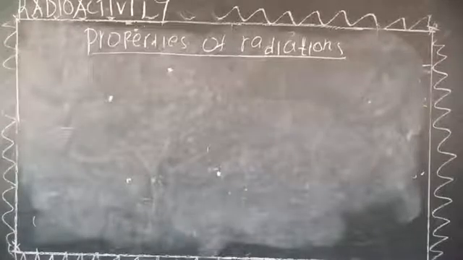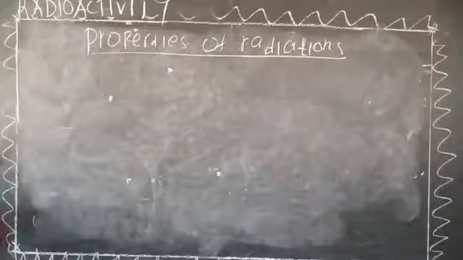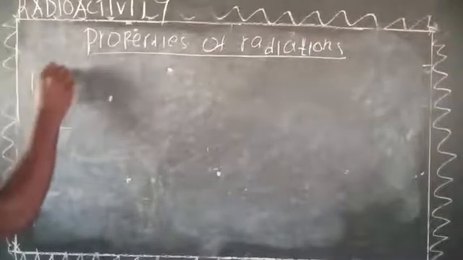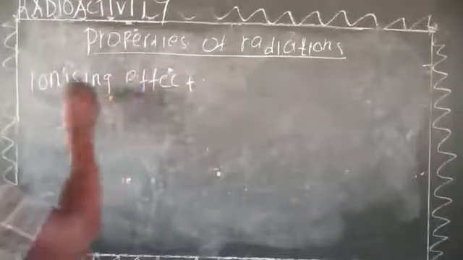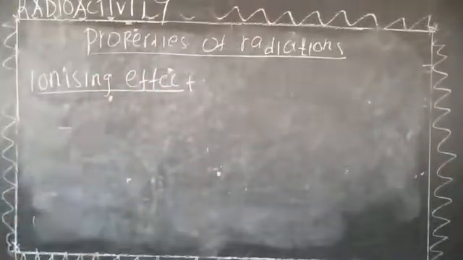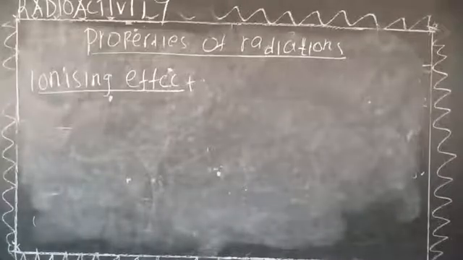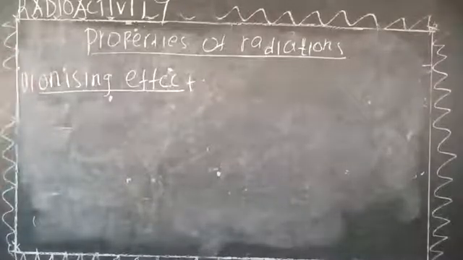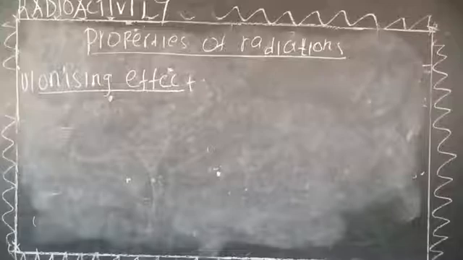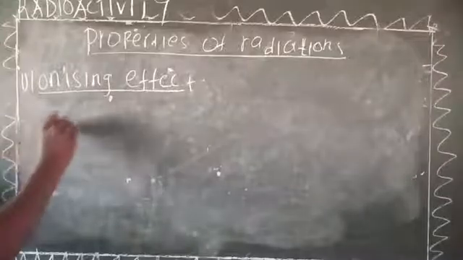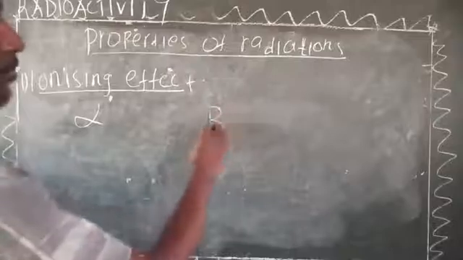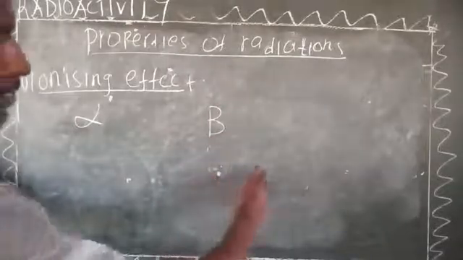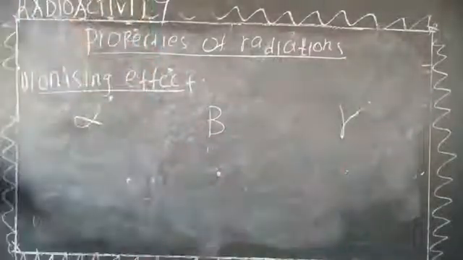The third property that we shall look at is what is called ionizing effect. When we speak about ionizing, we shall be comparing the alpha particles, the beta particles, and finally the gamma radiations.